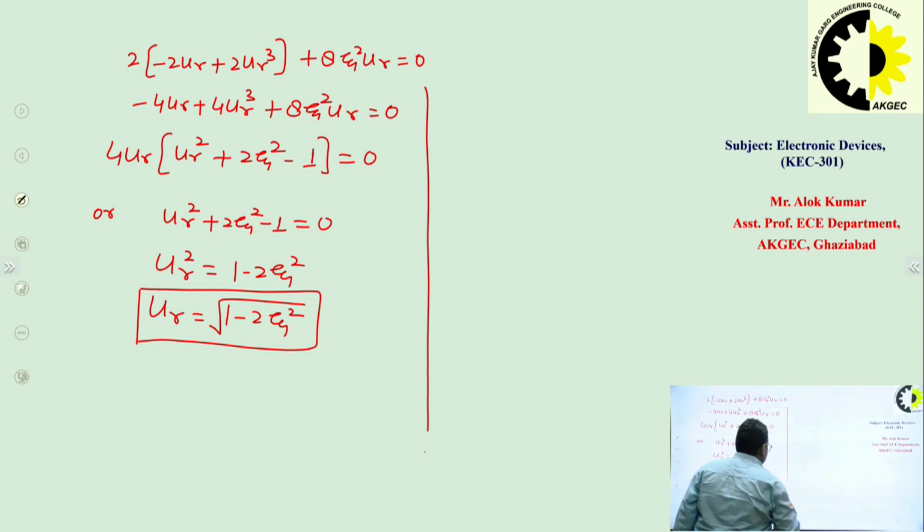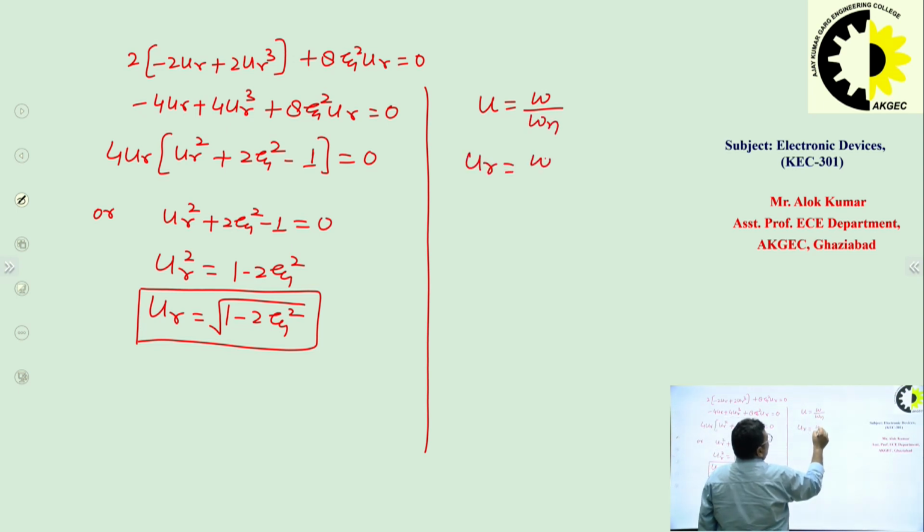In starting we have considered u is equal to omega upon omega n. So similarly we can say ur will be equal to omega r upon omega n, right?